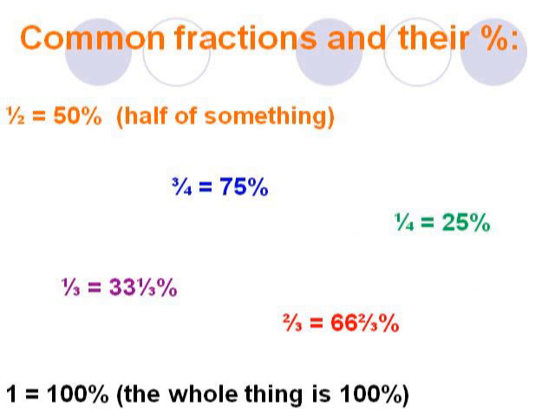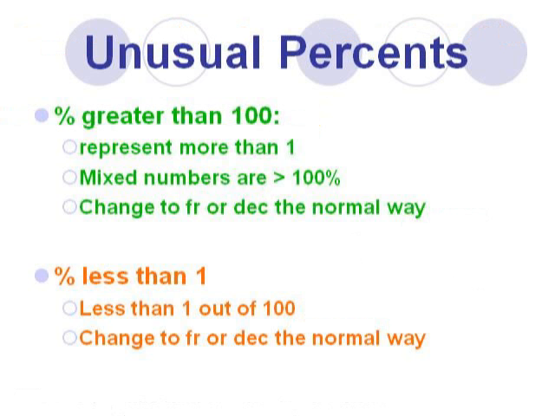It's not like you have to do it, but it'll save you some work. And I've already done a couple of examples, but as you know, percents that are greater than 100 represent more than one whole. Mixed numbers are more than 100%, and you change those percents into fractions or decimals the normal way, following the process that I outlined before.